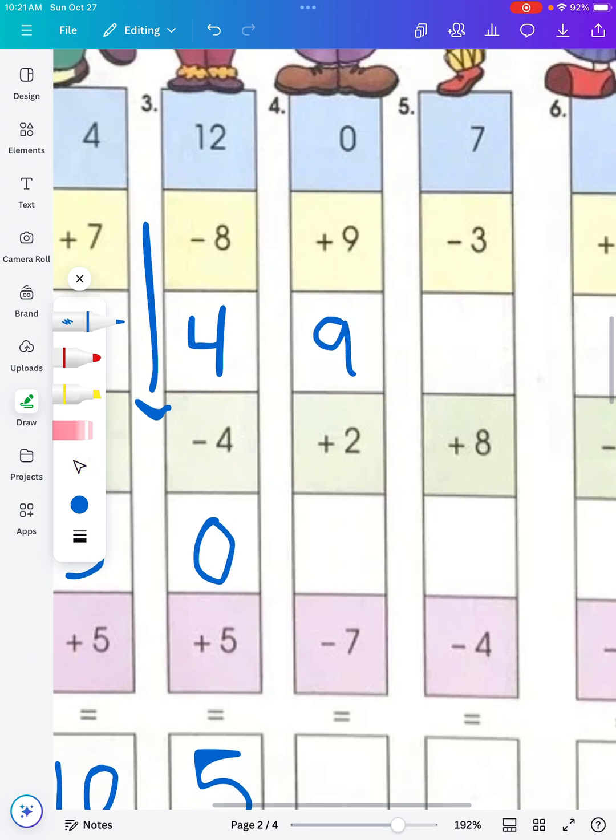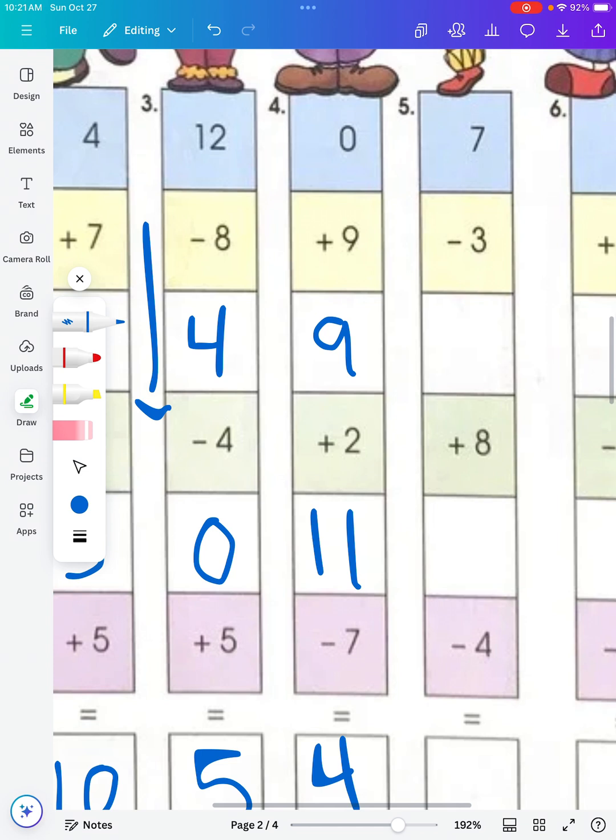Remember, if it's adding or subtracting 0, your answer always stays the same, and it will never be 0 unless it's 9 minus 9. Okay, 9 plus 2 equals 11, and 11 minus 7 equals 4. So our final answer is 4.